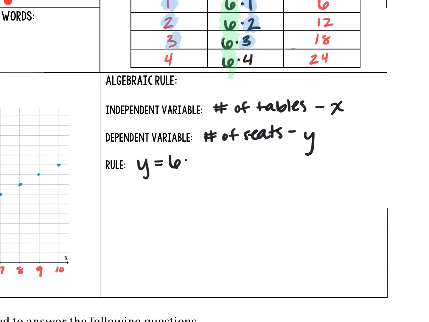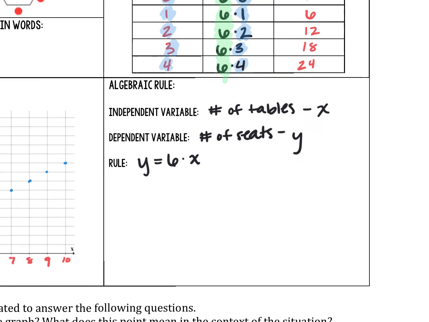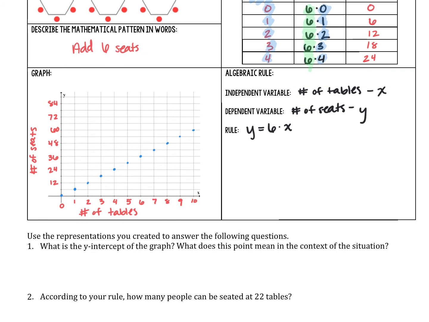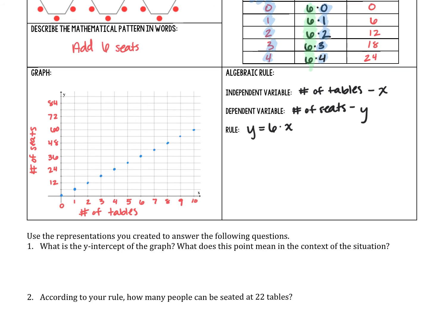Well, we used a variable to represent number of tables. We used the variable x. So our rule would be y equals 6 times x. So now we've created 3 different representations, all to represent the same situation. We have a graph, we have a table, and we have an algebraic rule.